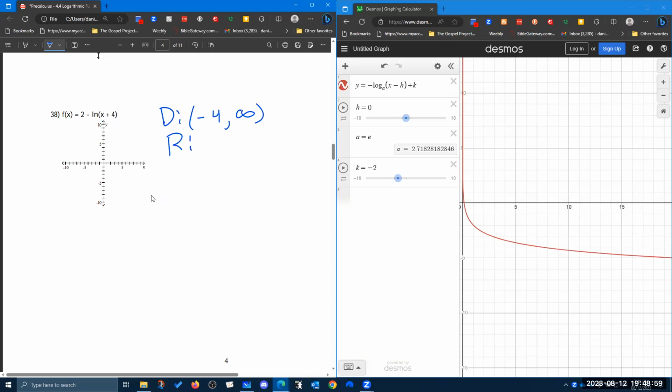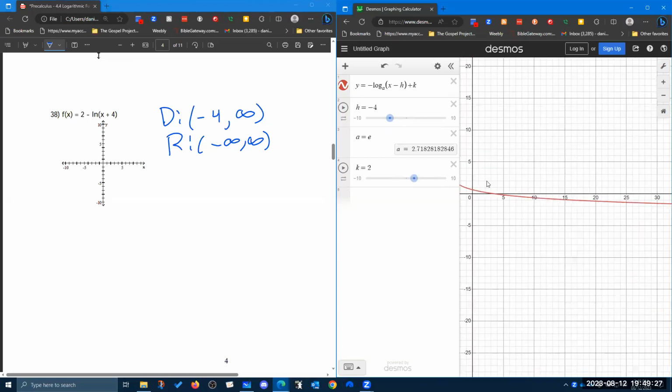My range is going to be negative infinity to infinity. And let's see what happens here when I have a negative ln of x plus 4, and then plus 2.